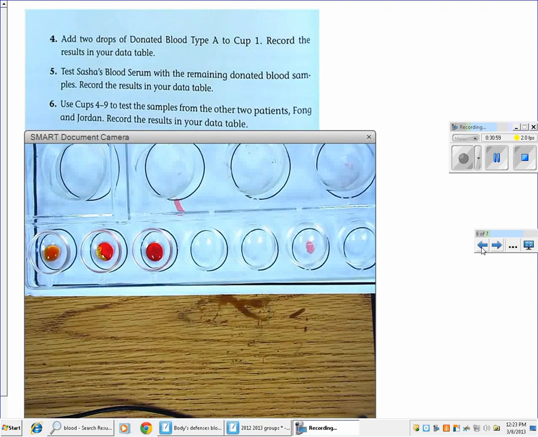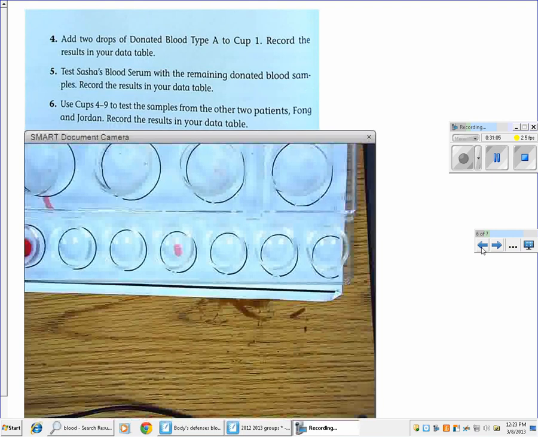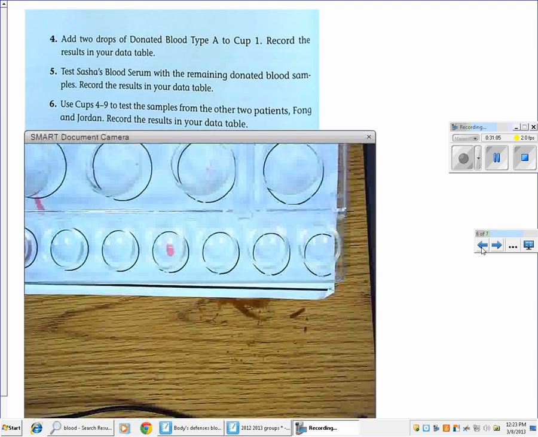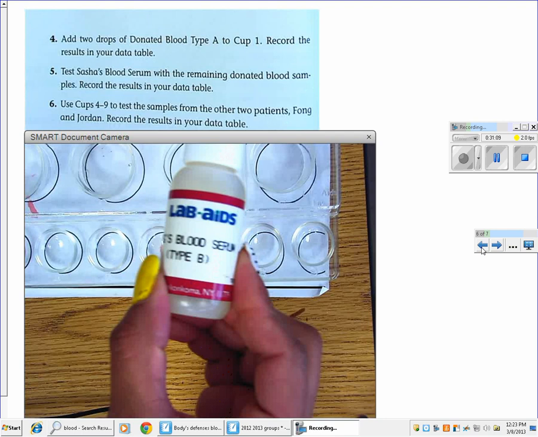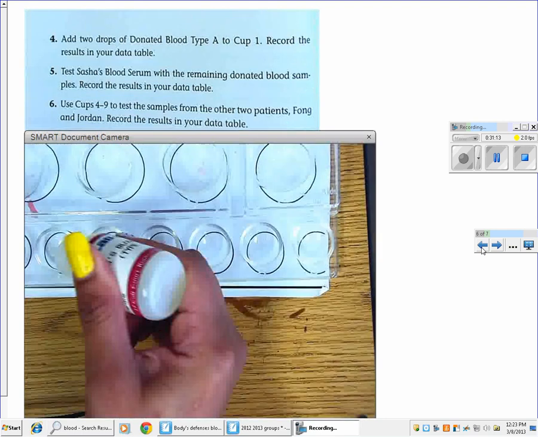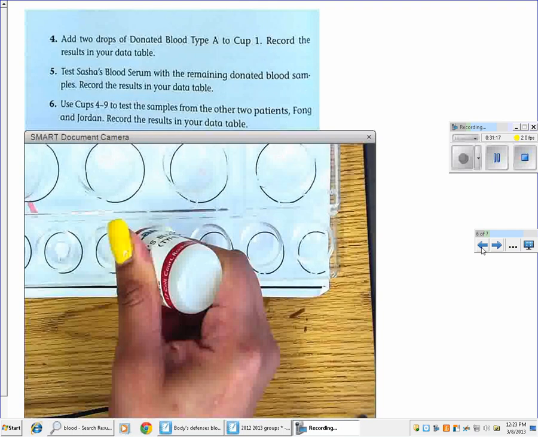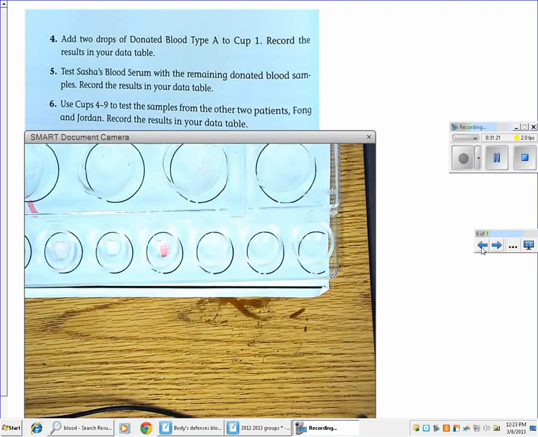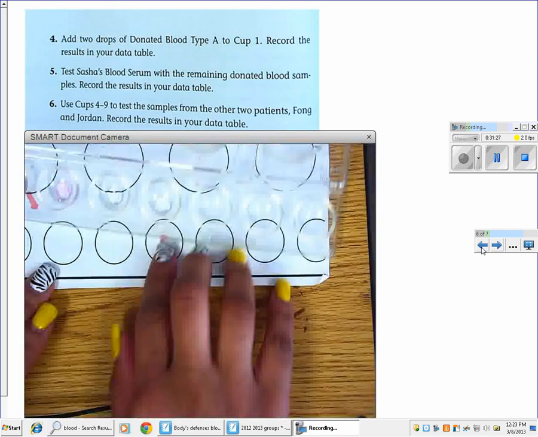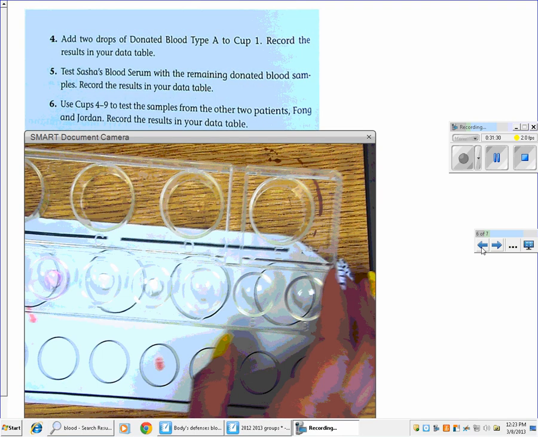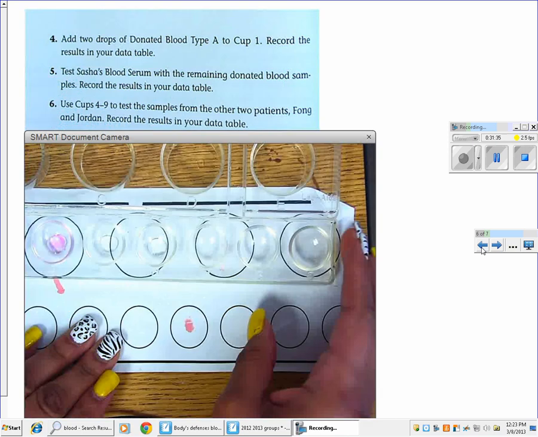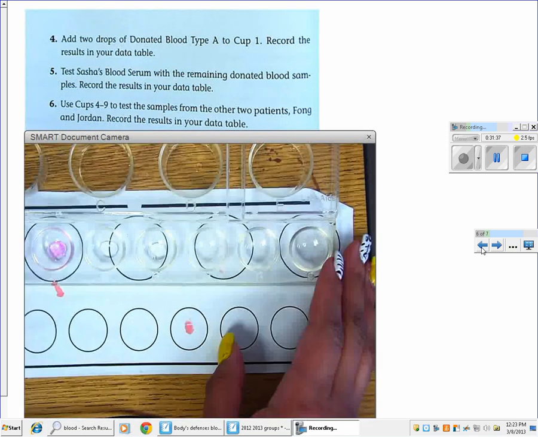If at any time you need to pause the video, do so, as I'm going to move kind of quickly. I am now going to test Fong's blood type. So this is Fong's blood serum. I'm going to put that in this cup. Trying to get it clear for you. All right.